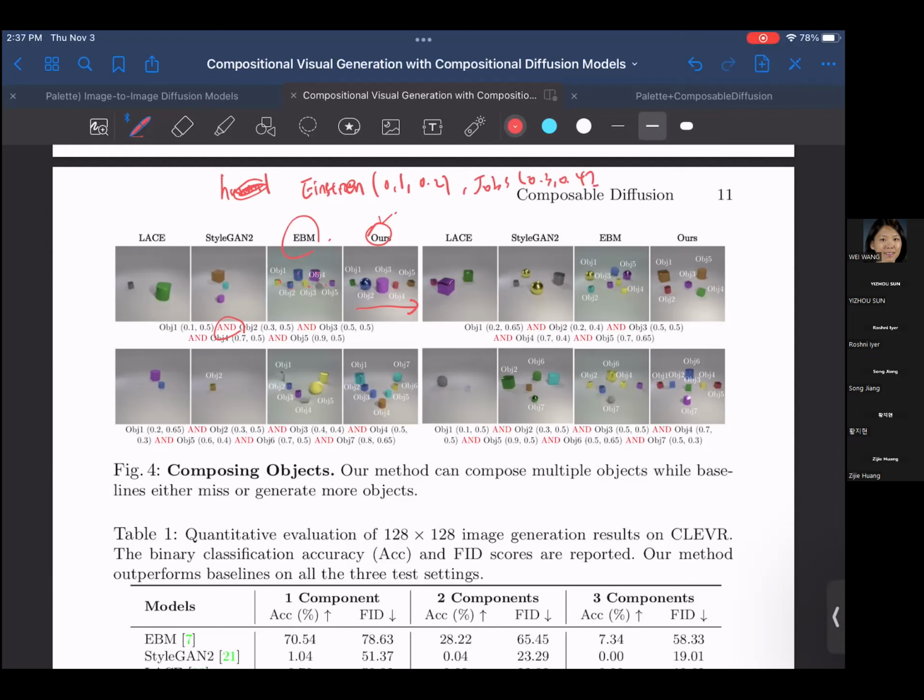Yes, and this is an example just to show that composable diffusion can comprehend these different joint distributions, rather than to show if these positions are actually working, I would say. This is just my opinion.